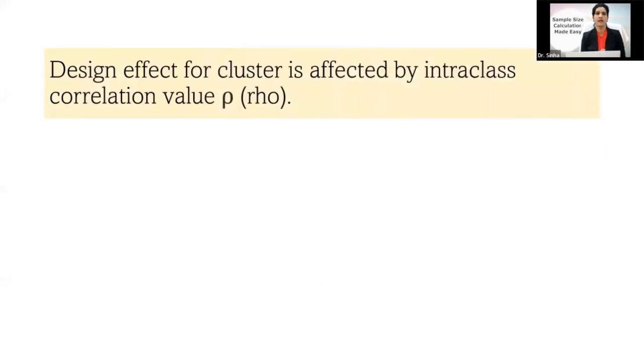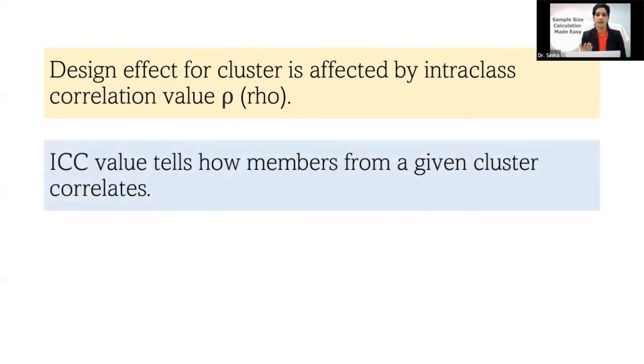So the design effect is usually affected by the intra-class correlation coefficient. The intra-class correlation coefficient is the rate of homogeneity in a cluster. So it tells you how the members from a given cluster correlate, how homogeneous they are.